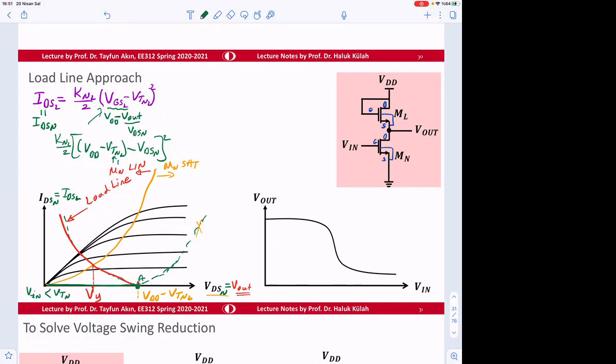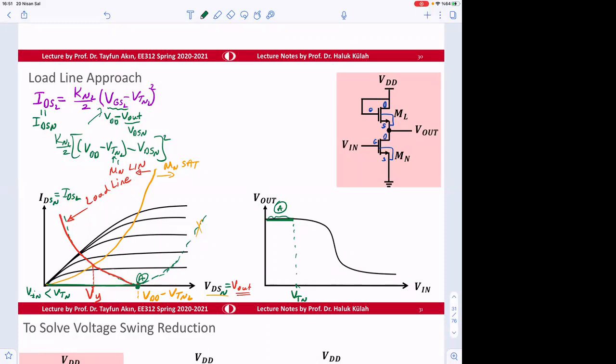So that's point A. So this line is the whole group from A up to Vtn.